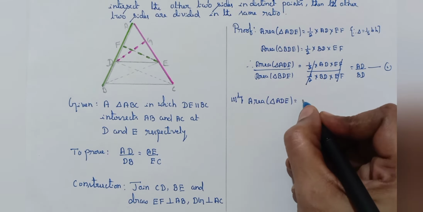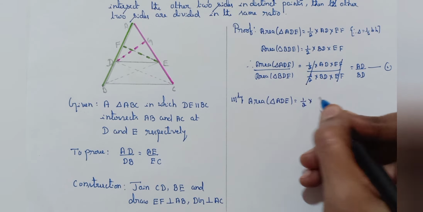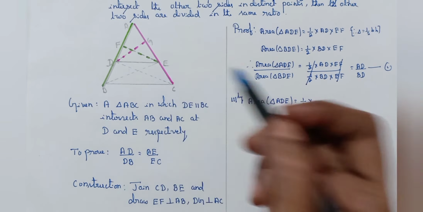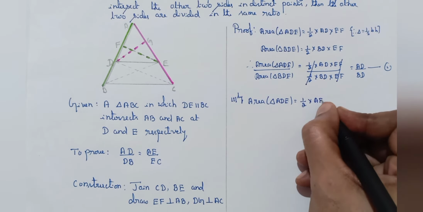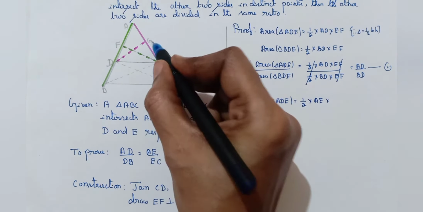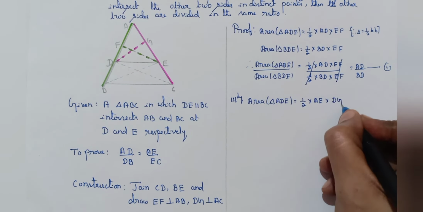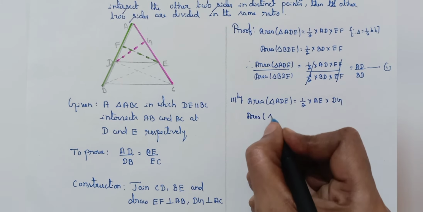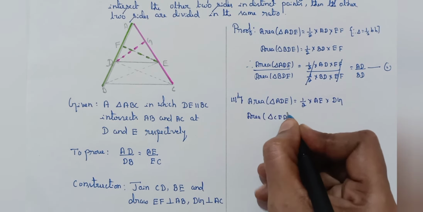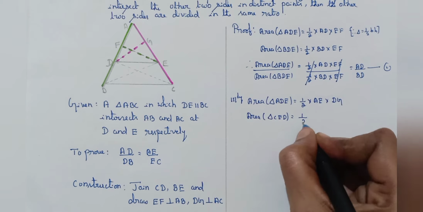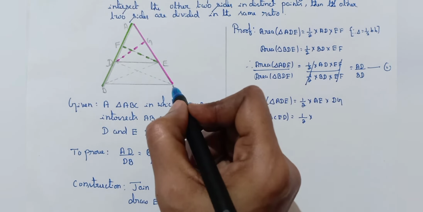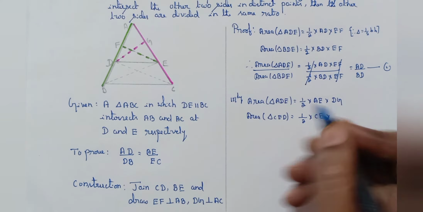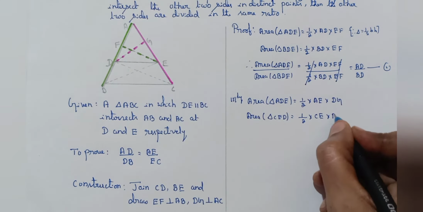Area of the triangle ADE is equal to half into, here we will consider the base of the triangle ADE as AE and the height is DG. Area of the triangle CED is equal to half. The base of the triangle CED is CE and the height is the same DG.